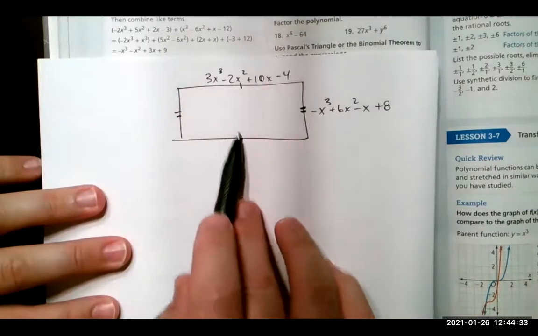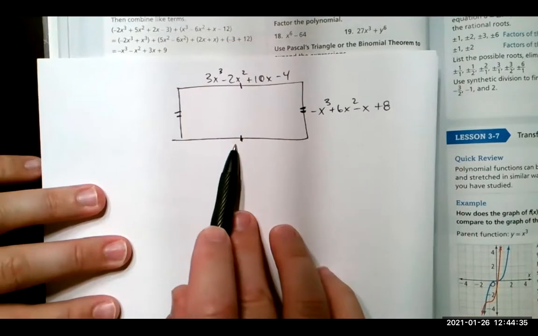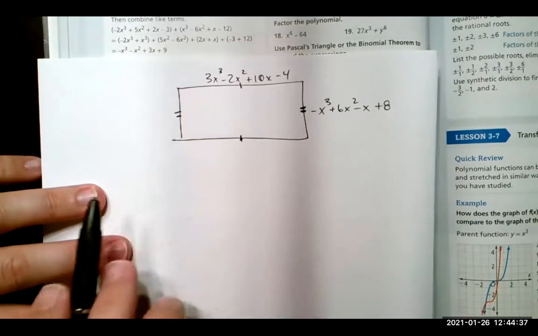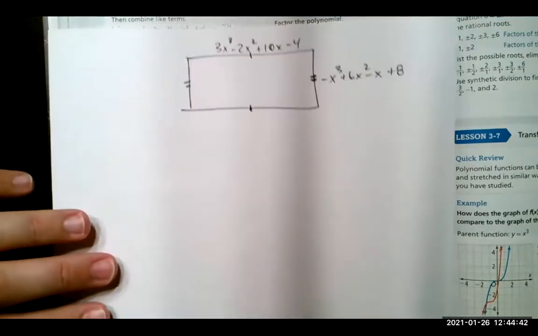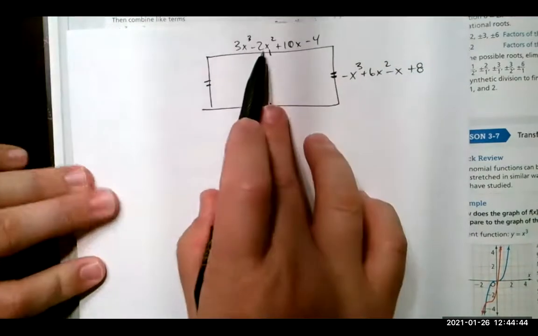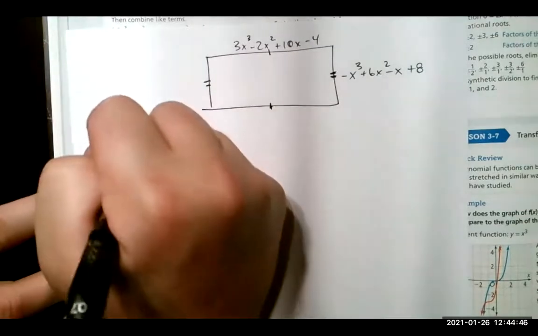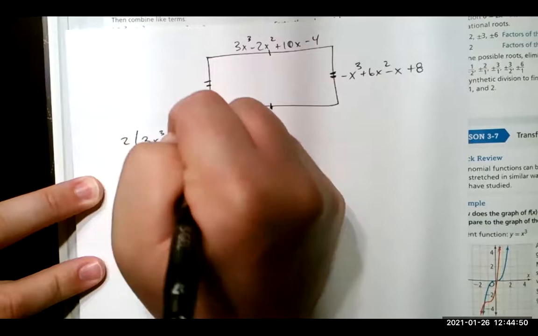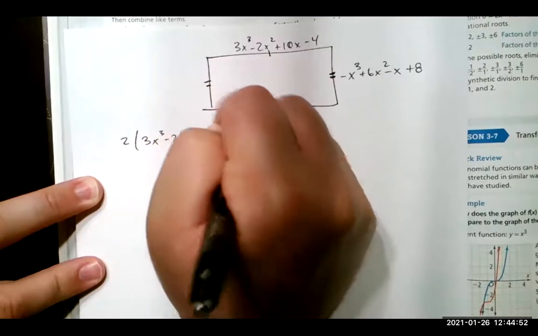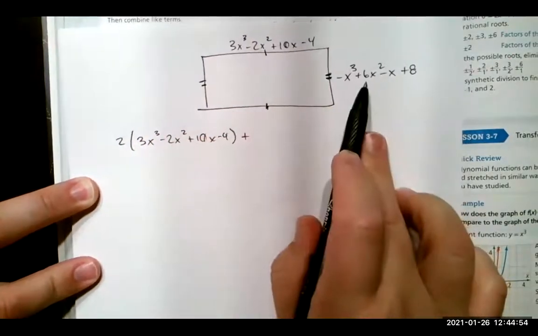But what I just said was the top and the bottom are the same length, the right and the left are the same length. So I'm just going to add all those like terms together. So I've got 2 of these. And then I've got 2 of these.